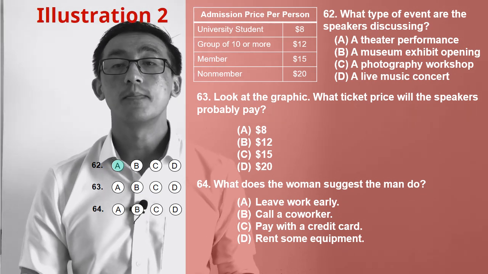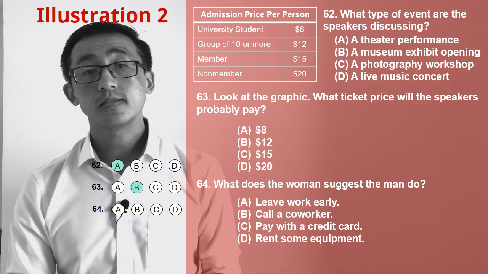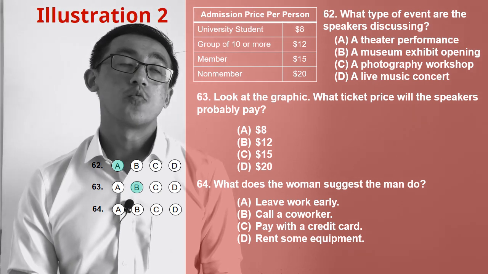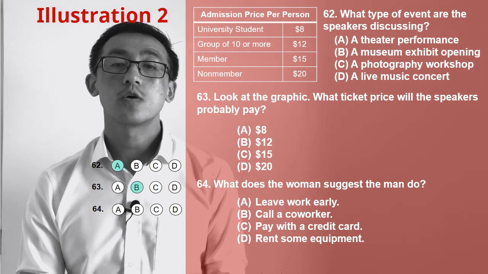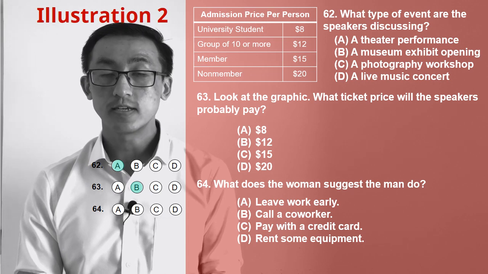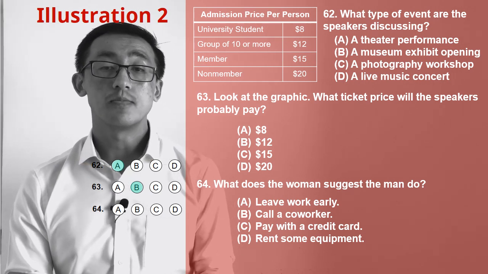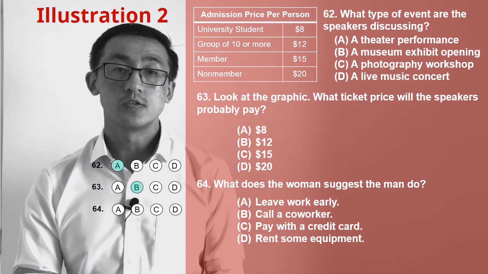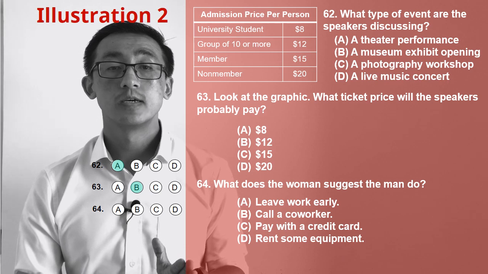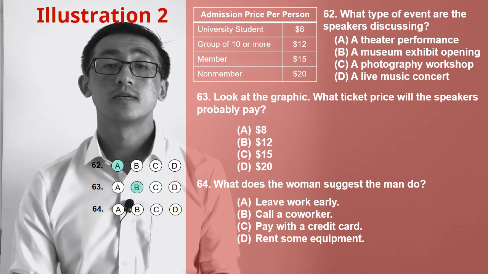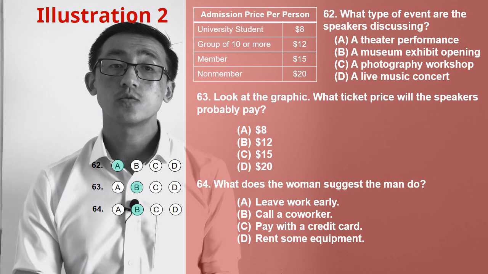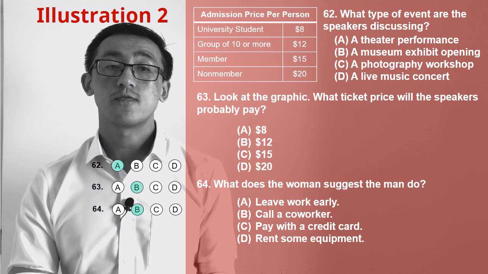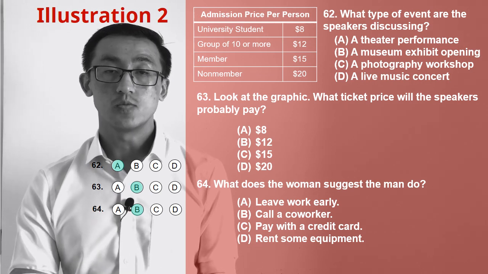So the answer would be B. And for 64, what does the woman suggest the man do? The woman suggested the man call a co-worker or a colleague. Colleague and co-worker are the same. So the man will probably call the co-worker to book the tickets. So for 64, the answer would be B. So for 62, the answer is A. For 63, the answer is B. And for 64, the answer is B as well.